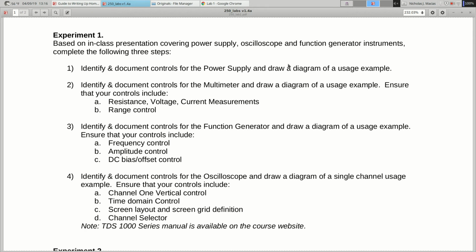So the power supply, normally you just turn it on, you set the voltage, you hook it up, and you go, right? It's got a whole lot of other buttons on the front. So dig into those, see what they do, do some research. I'll post links to some videos, but you can do online research by looking at the model number on these things.